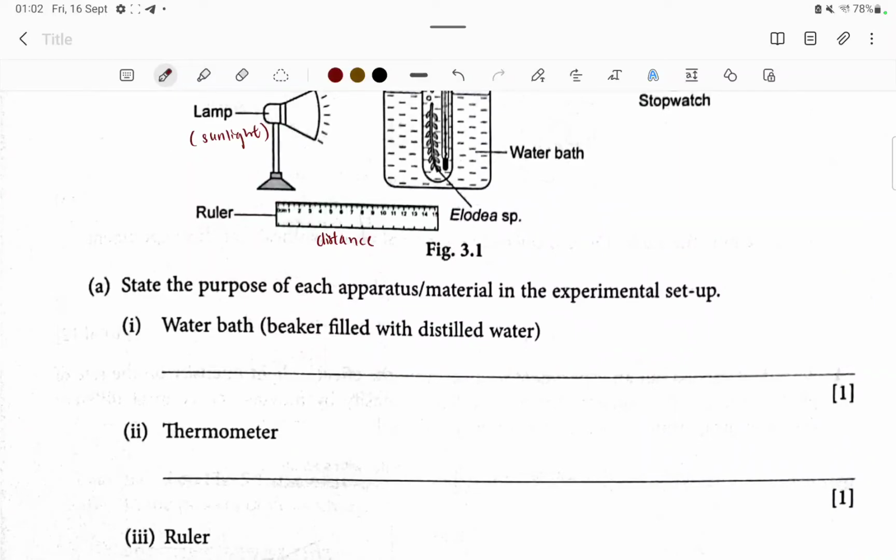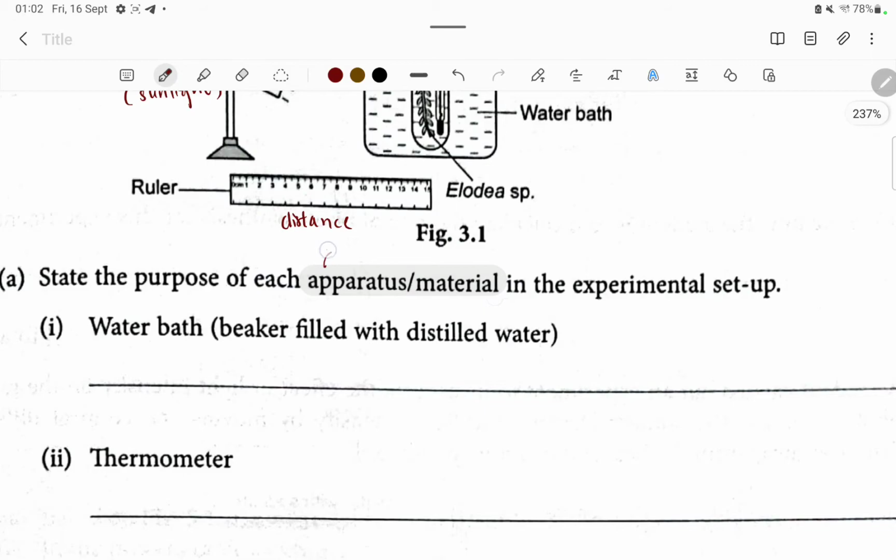So what is the difference of apparatus and materials? Apparatus is those things can be reused. Material cannot be reused.